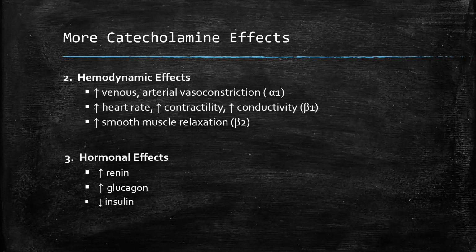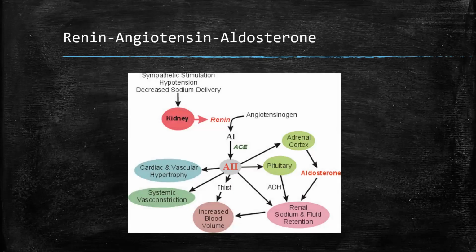This is most important in the distal airways, and relaxing these distal airways allows for improved gas exchange, better movement of air in and out of the lungs. Catecholamines also greatly stimulate certain hormones like renin and glucagon, and they inhibit insulin secretion. This slide is busy.